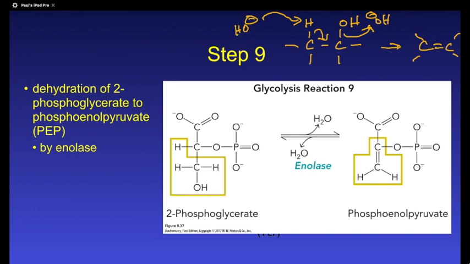Essentially, the reaction here is the same because this becomes the hydrogen that's there, and this hydroxide is the hydroxide there. I just put R groups onto it.